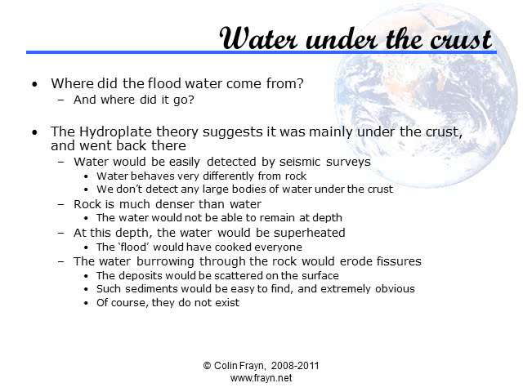Finally, if there was once water under the crust, then it's safe to say that it could not possibly all have been ejected in the flood. This means that there should still be plenty left today, trapped under impermeable layers of rock. It will be easily detectable by seismic surveys, but of course it isn't there. I'm afraid the hydroplate theory is flawed on so many levels it can't be considered by any sensible scientists to have a shred of truth to it.